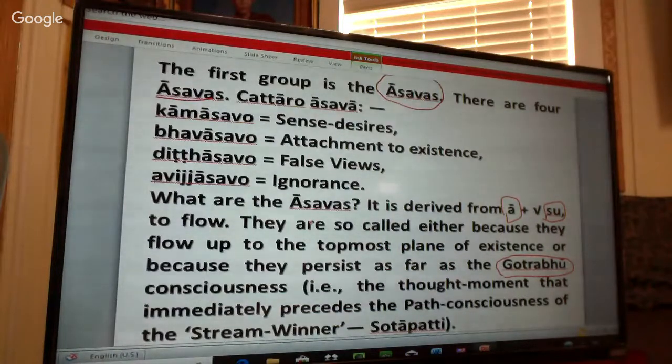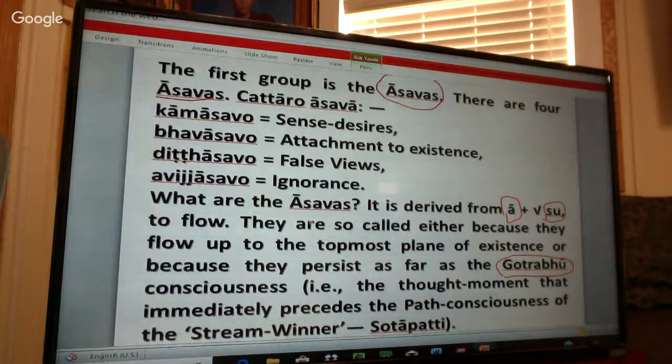So that means the asava is flowing like this, up to the topmost existence. Another meaning is that asava can flow into a person who even practices samatha meditation or vipassana meditation, but in the mind the attachment is latently behind.